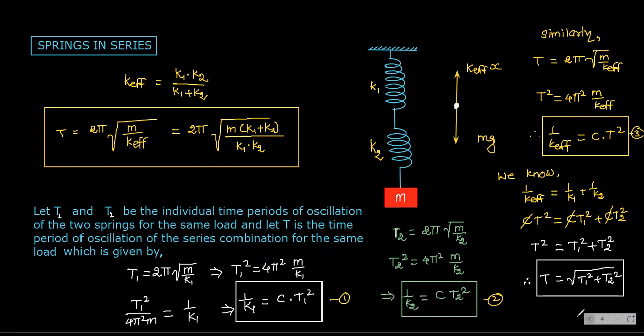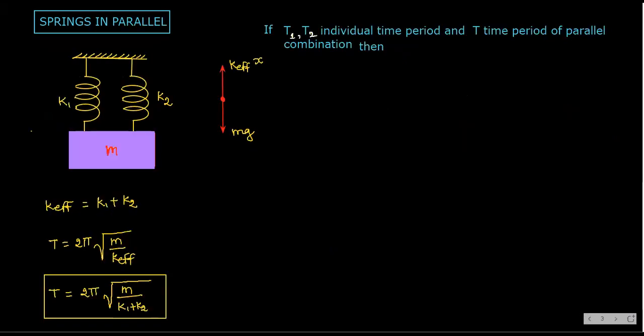Okay, let's go ahead. Now, next topic, that is springs connected in parallel. Now you can see here, I have shown the combination, that is these two springs which have spring constants K1 and K2.